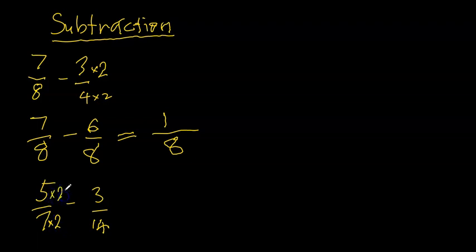Whatever you do in the numerator, do in the denominator, and vice versa. So here, our denominator is 14 again. Remember, you don't do anything with the denominator. As soon as it becomes common, you leave it alone. All right, and you move on. And the numerator now becomes 10 minus 3, which is 7, right?